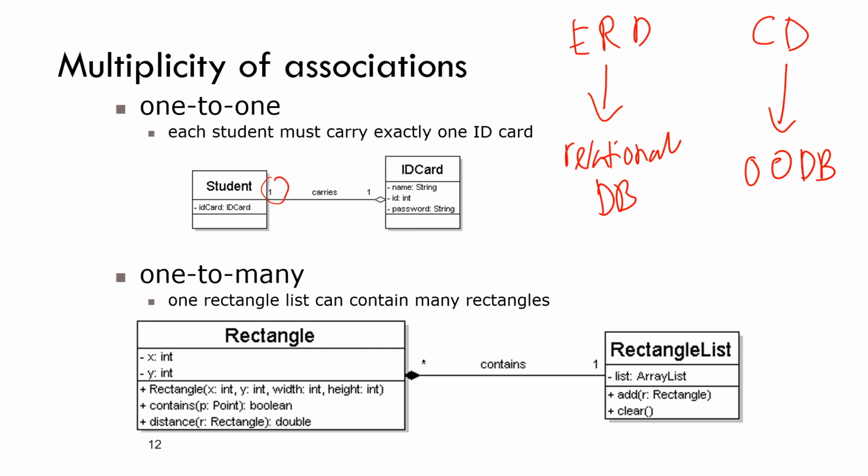But the purpose of these two is the same. They want to give us the structure of our database, just the approach is different. In a relational database, in the ER diagram, we have entity 1 connected with entity 2.